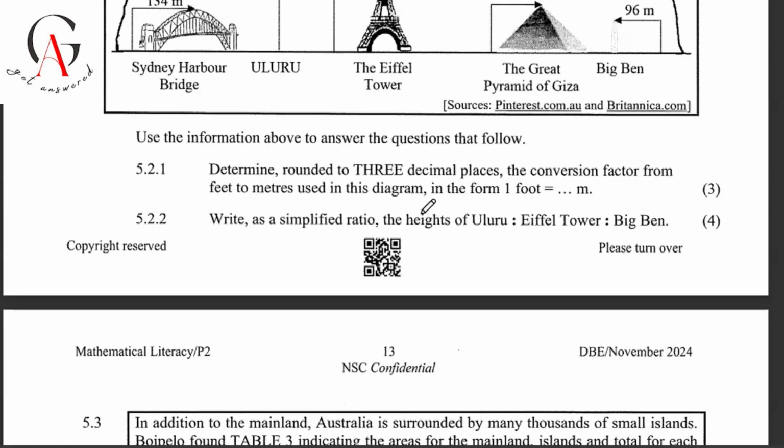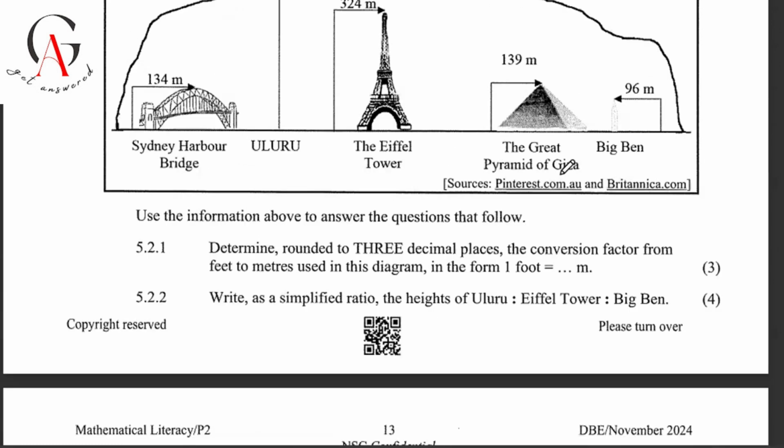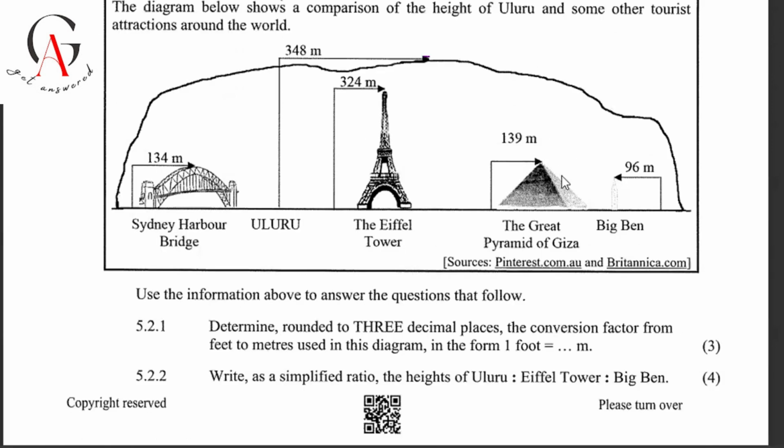Right, as a simplified ratio, the heights of Uluru, the Eiffel Tower, and Big Ben in a ratio. So now, what is going to happen here is that, using your calculator, you can compare 2 of them. Let's see, if we divide through by the smallest value.